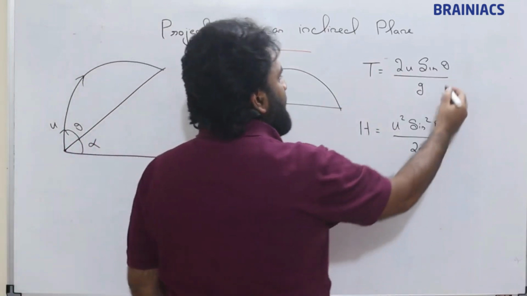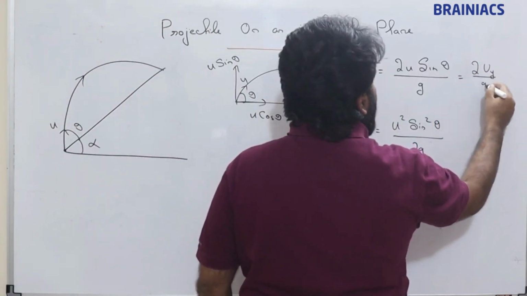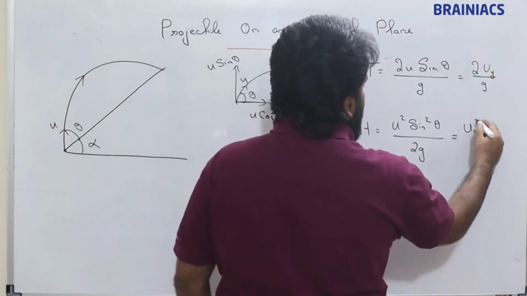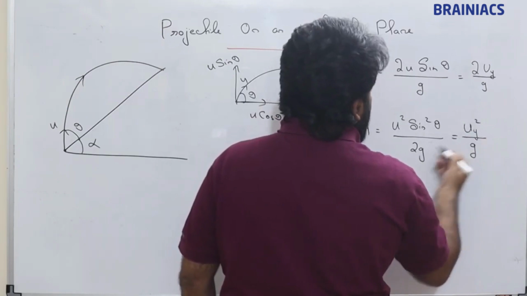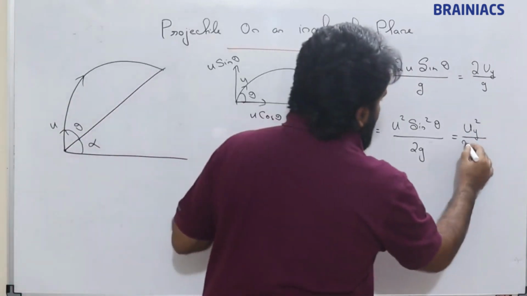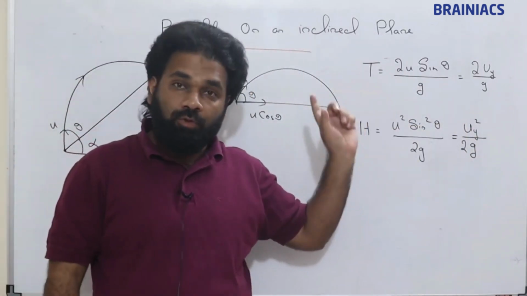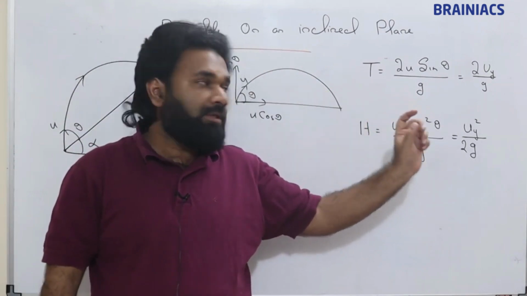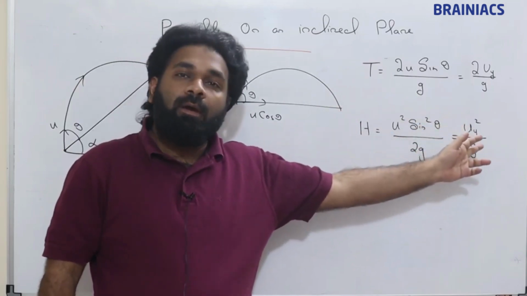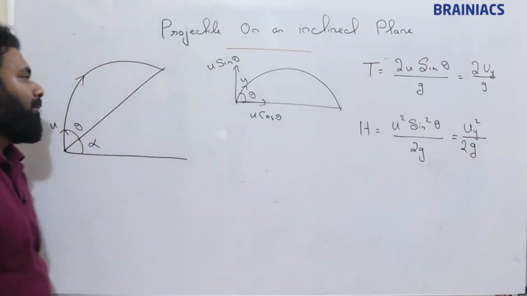So in short we can write this as 2 into u y component by g, and maximum height is u y component square divided by 2g. Okay, let it be there.